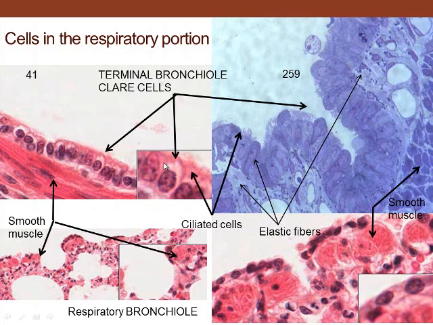So if we're looking at slide 41, we can see at the terminal bronchioles, we have these Clara cells. These Clara cells, I don't know what they're doing there, but they're there, and you can see them intermittent between the ciliated cells. The little dots that we see there are actually elastic fibers that cause the lungs to collapse.